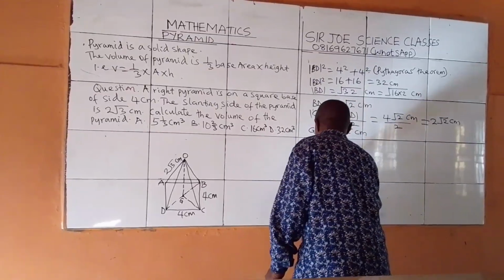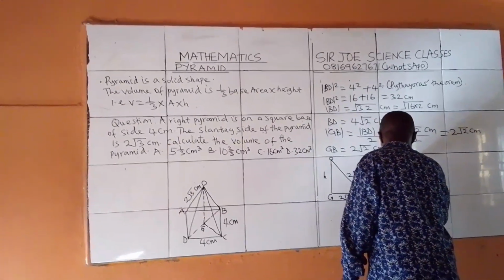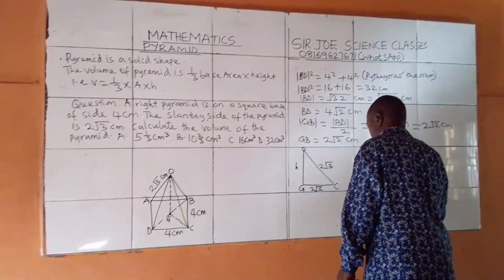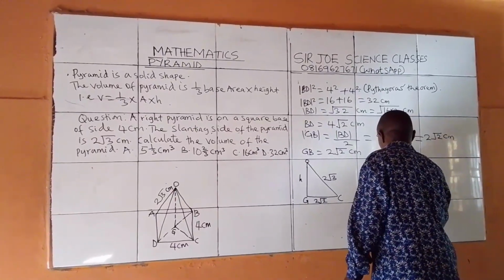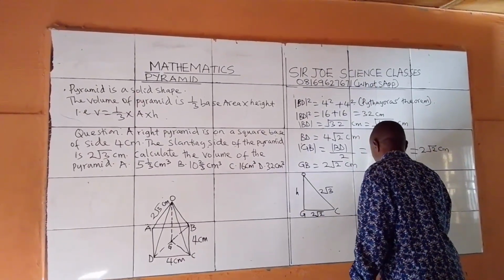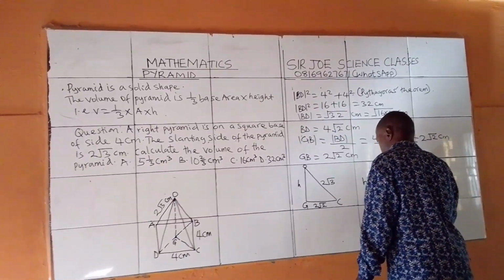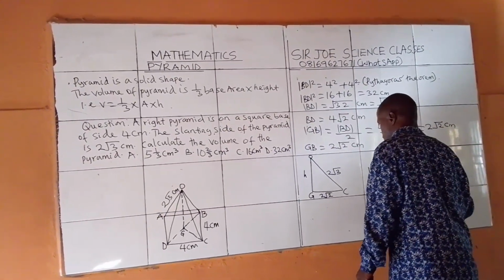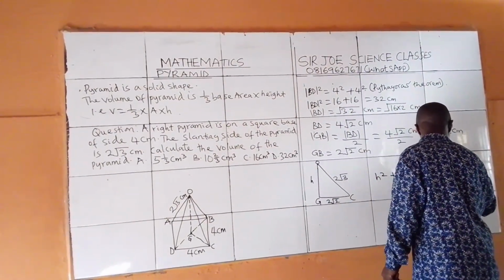So we now have, by using Pythagoras theorem again, h squared plus GC squared is equals to OC squared.